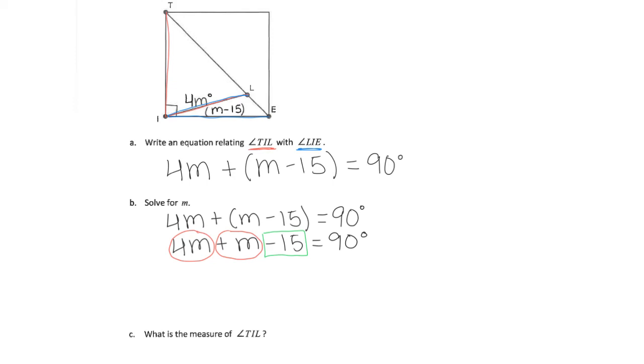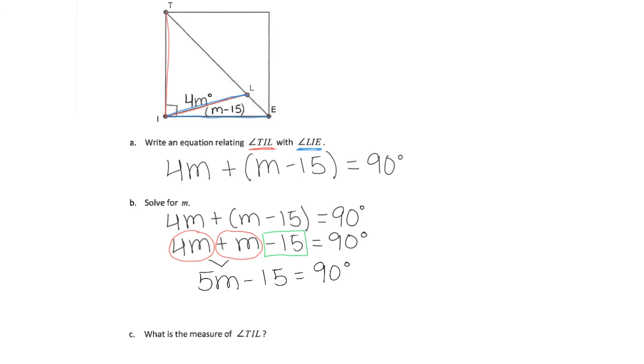Let's go ahead and combine these terms. I have 4m plus m. If I have 4 m's and I add one more, that gives me 5m minus the term that is by itself, 15. So now I have 5m minus 15 equals 90 degrees.